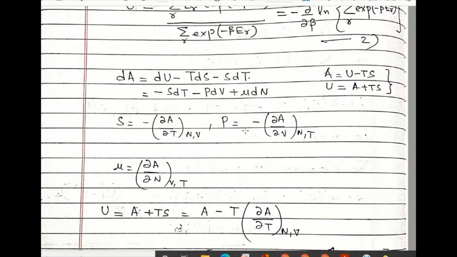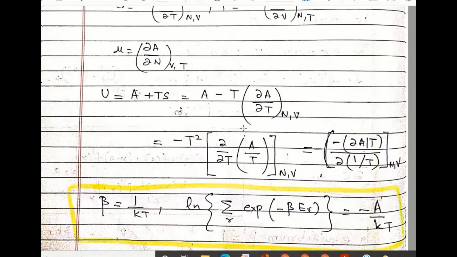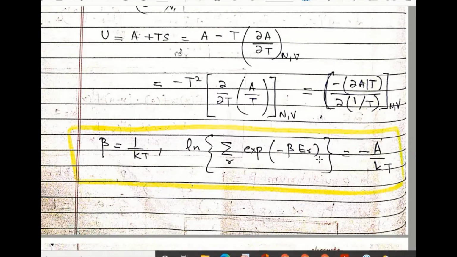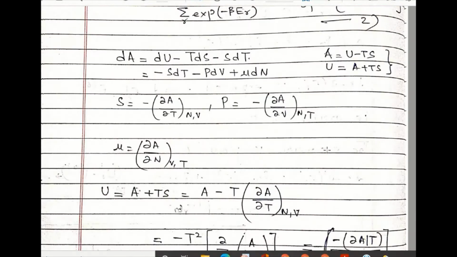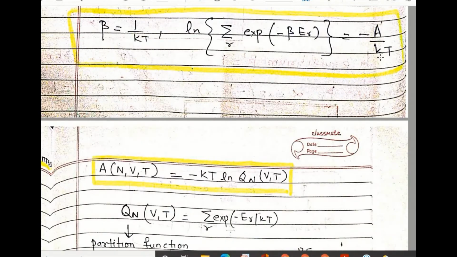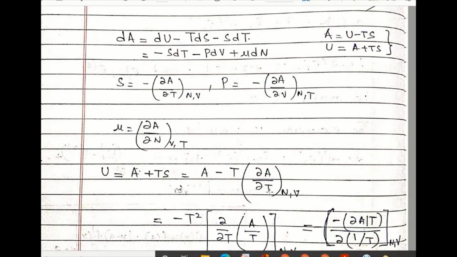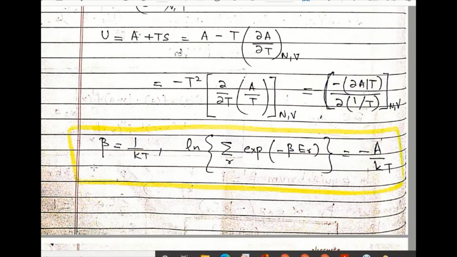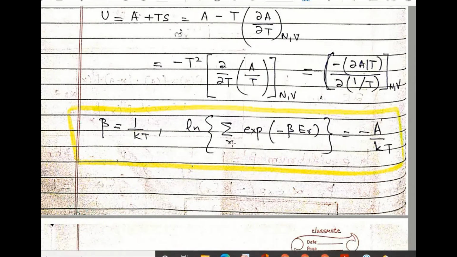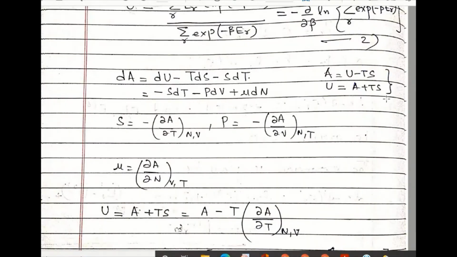So ln of the summation over R of exponential minus beta ER is minus A by kT, because of this relationship.